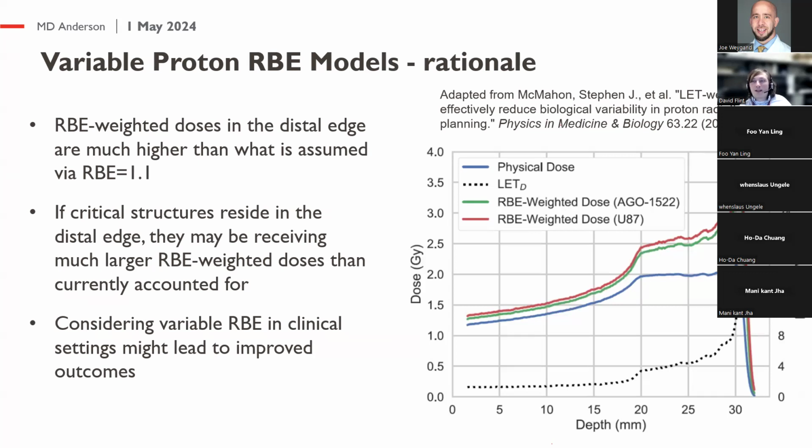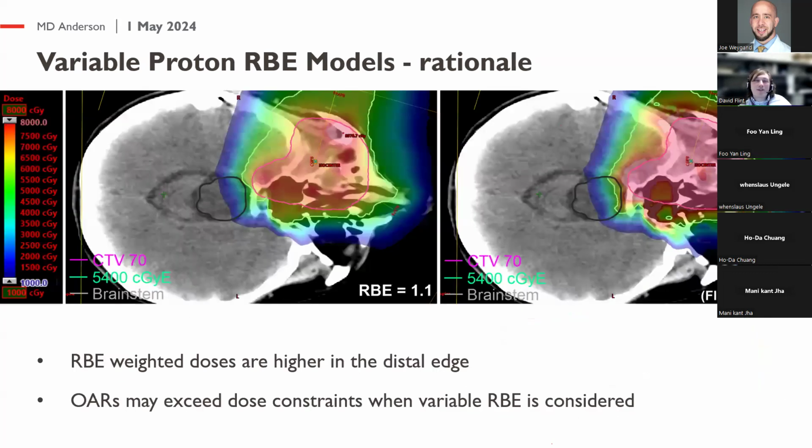So accounting for variable RBE in these cases might help improve clinical outcomes. That being said, you might say to yourself, well, this is such a small volume in the distal edge of the beam that's going to receive these high RBEs. Shouldn't we be able to account for this just by using a margin? And the answer to that question is not always.